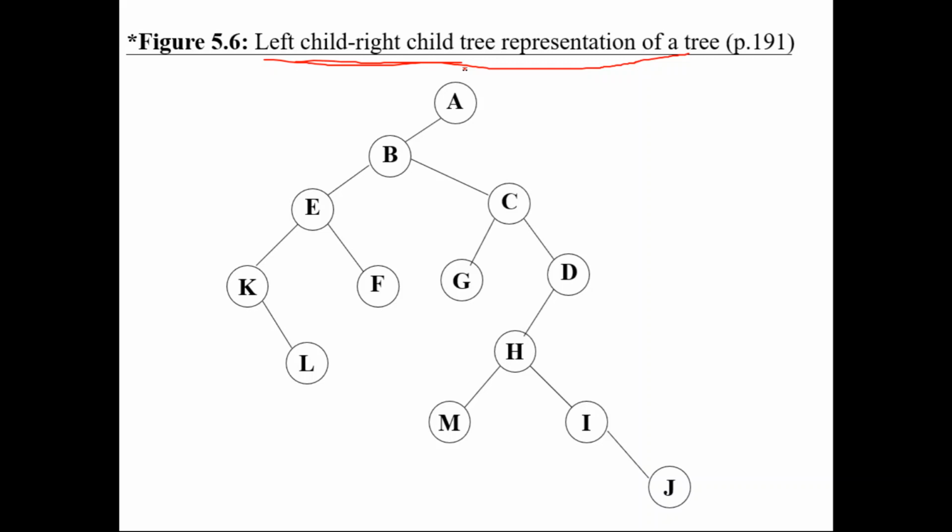For that, first you have to transform the tree into left child right sibling format, and then from the left child right sibling representation, you can again transform it to the left child right child representation format.